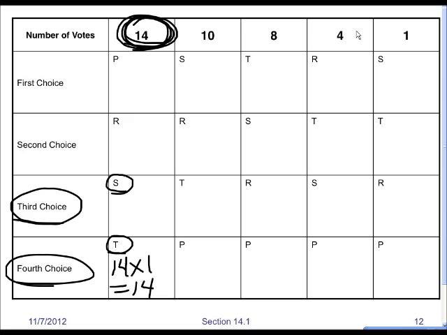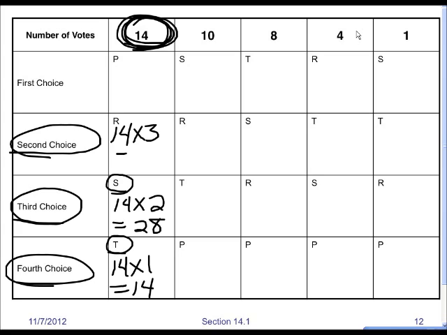So Sarah got 14 at 2 points each, which is a total of 28 points for Sarah so far. Second choice is 3 points each. So Rita has 14 of the 3 points, or 42 points so far for Rita.